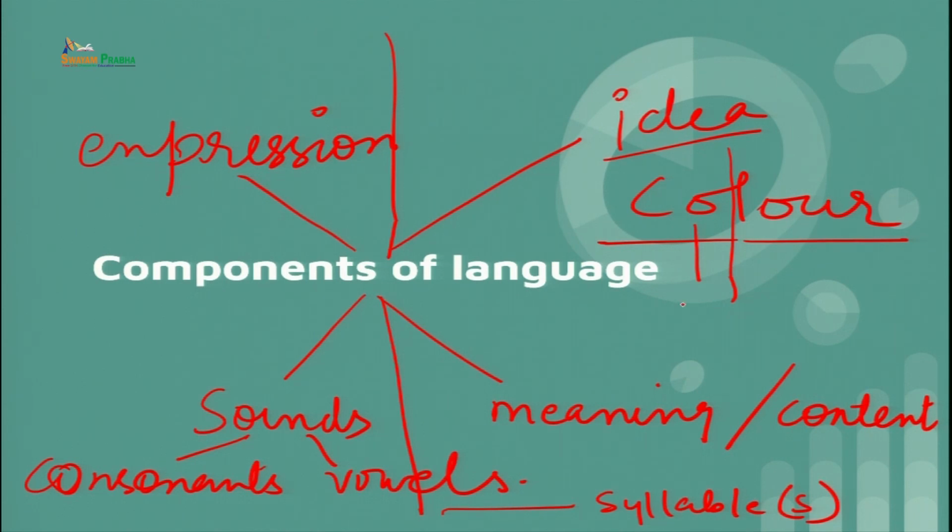So, in this way there are two sounds, and if there are two vowel sounds, it means there are two syllables, which is the phonetic representation of the word.